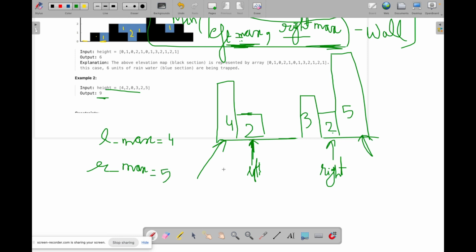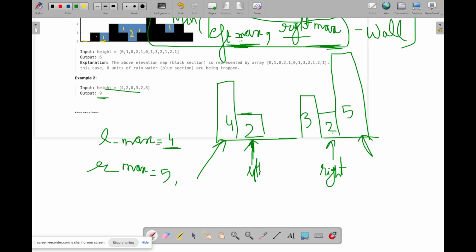Okay, now at each index on the left, I will check if left max is smaller than the right max. That means I need to consider left max only. And now what will be the right max? I don't care whether it is 5 or 6 or 7 or anything.